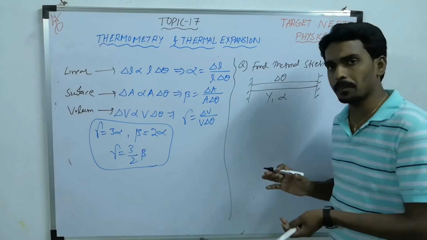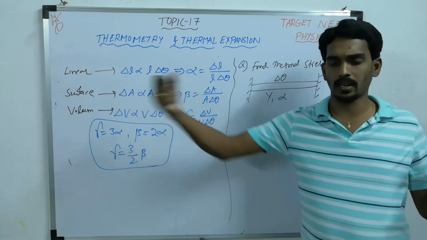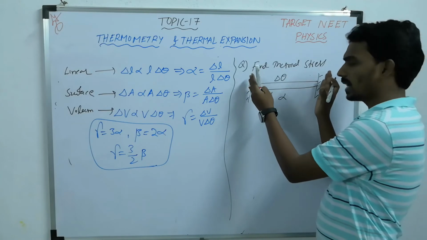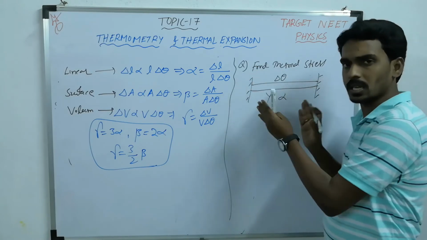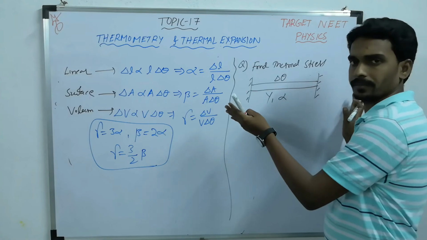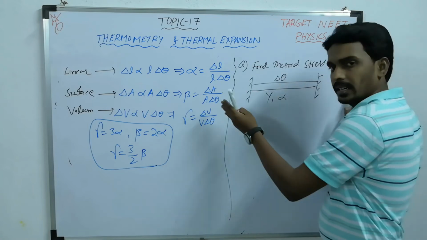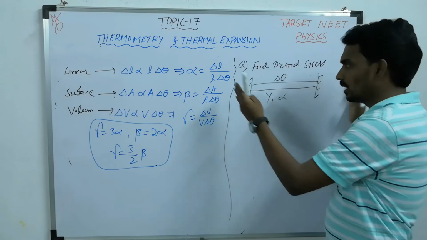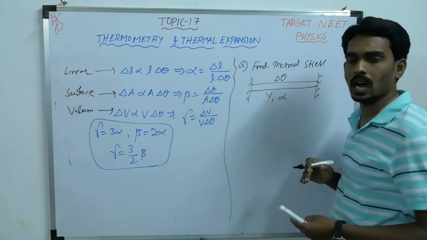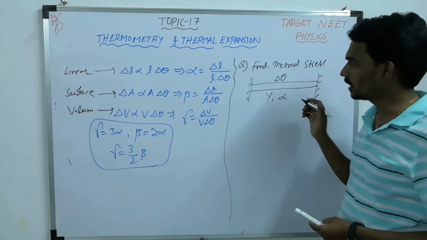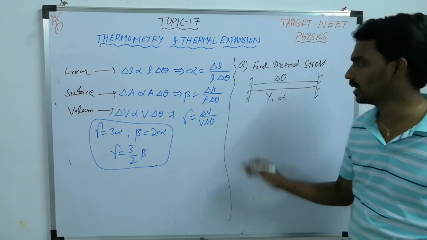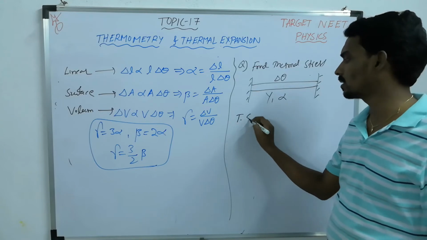When you increase the temperature, what happens? It should expand, length should increase. But as it is fixed between the rigid supports, it cannot extend, but it tries to extend. So while it is trying to extend, a stress develops in the opposite direction. And that stress, whatever develops due to the thermal expansion, we call thermal stress.